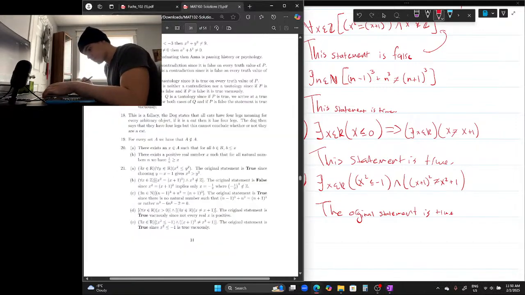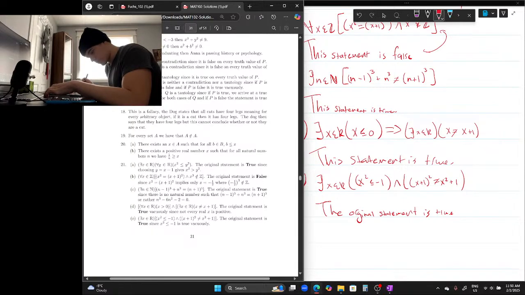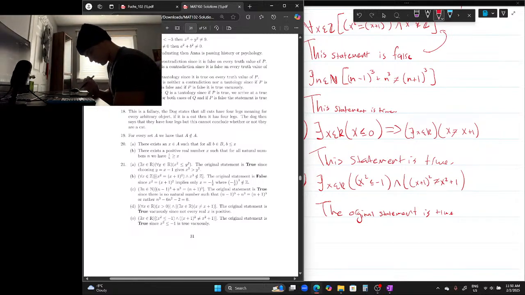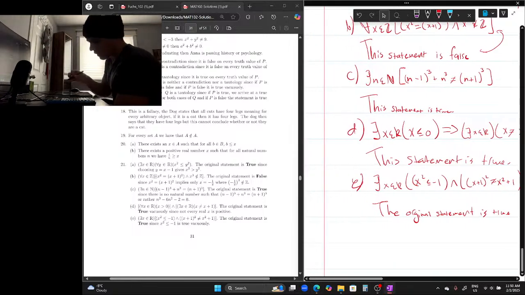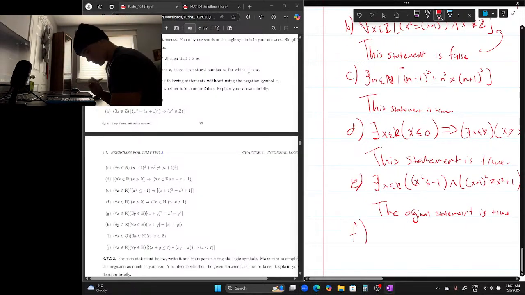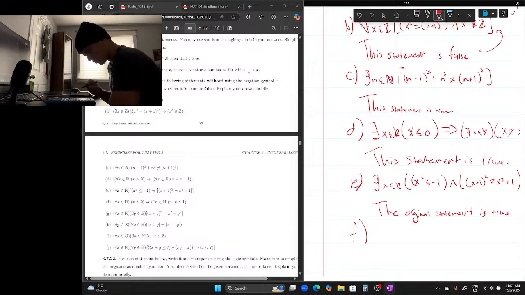Let's see. The original statement is true since x squared minus 1 -1 is true vacuously. I wouldn't have said vacuously, but okay. Because I guess the problem is there's no x squared.